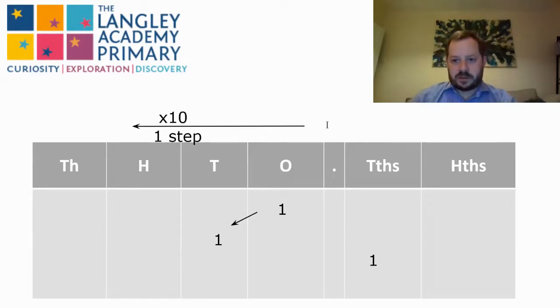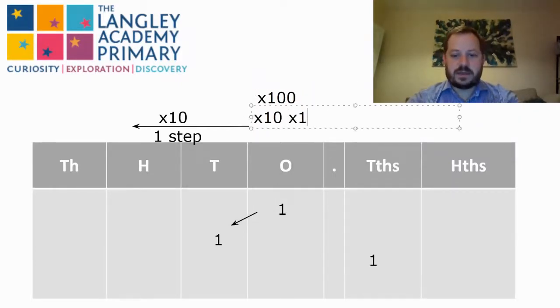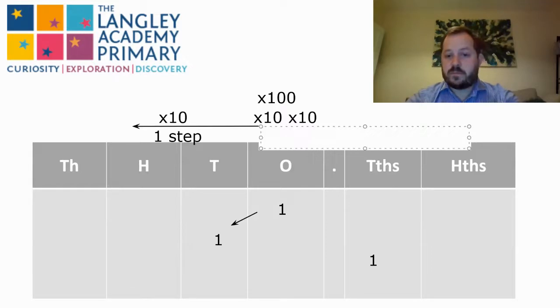So timesing by 100 is the same thing as timesing by 10, then timesing by 10 again. Now we know timesing by 10 is 1 step. So how many steps do we think? Yeah, 2 steps.